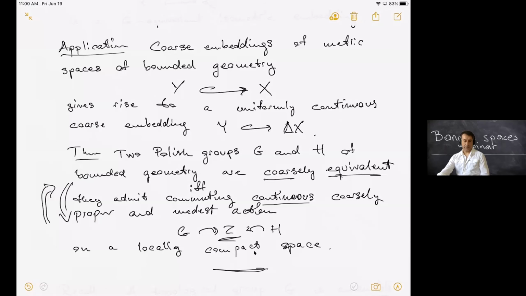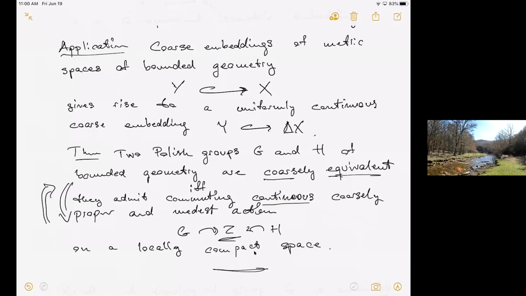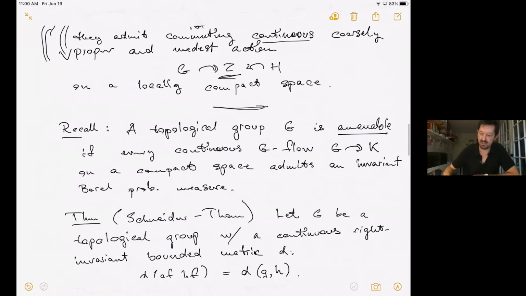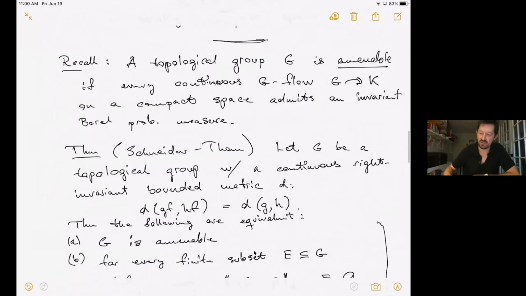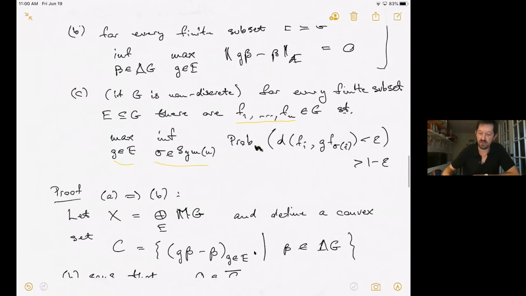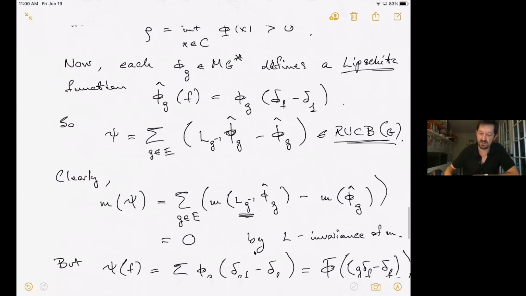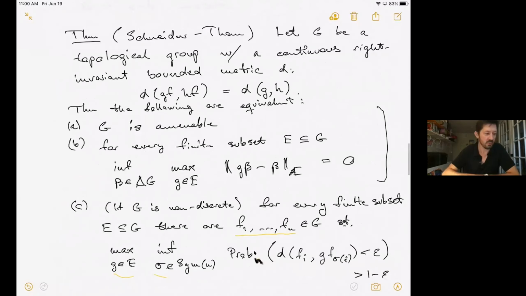Thank you. Anybody wants to jump in? Can you say more about the applications that you didn't have time to? Okay, yes, I can. Maybe I'll state one thing here, of the Schneider-Thom theorem.